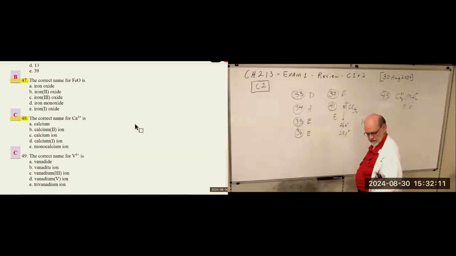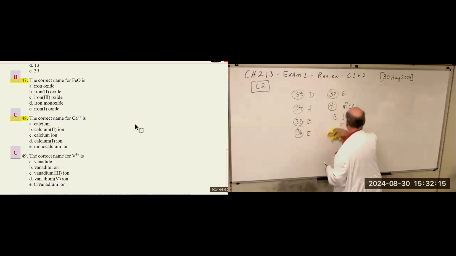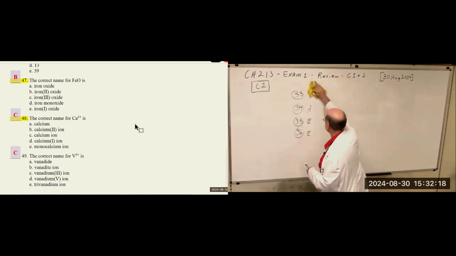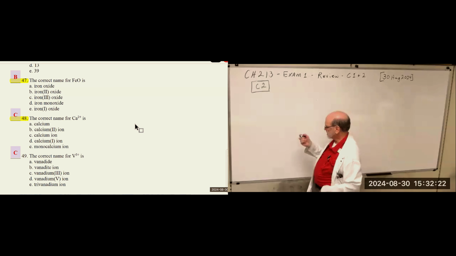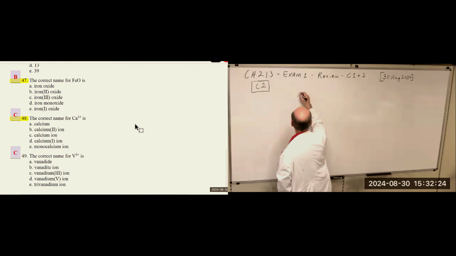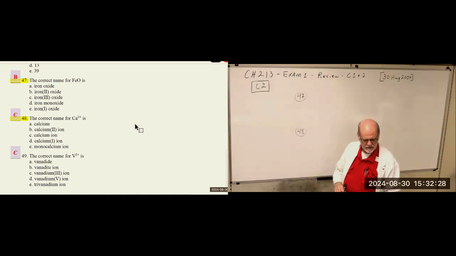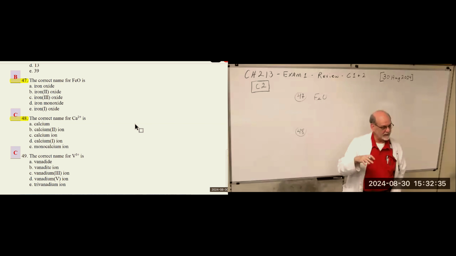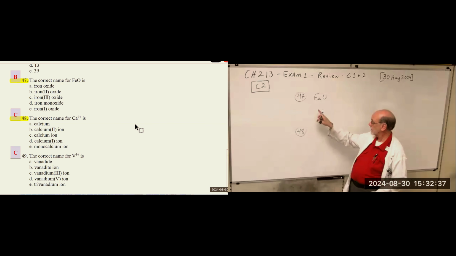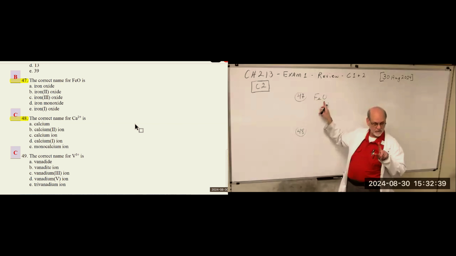All right, let me make some room now. 47 and 48. 47. What's the correct name of FeO? Okay. Metal, non-metal. So it's either a type 1 or a type 2.